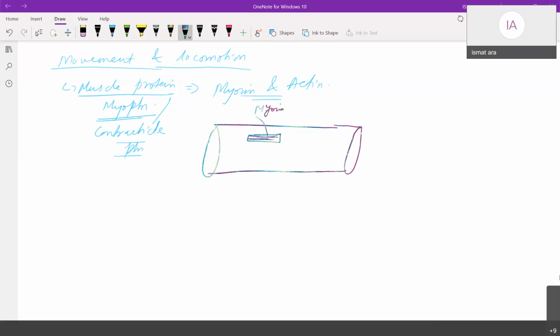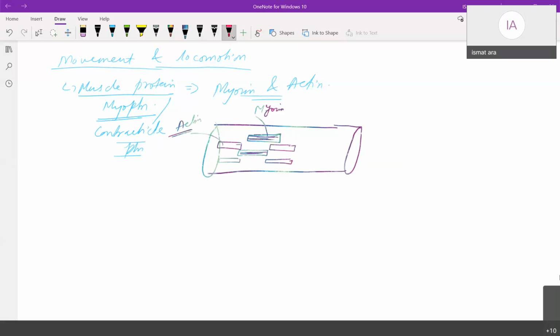And these are the actin protein. Again, these are myosin protein, and these are actin protein. Now, this is the arrangement of actin and myosin protein.